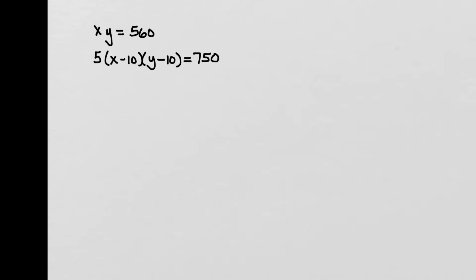So here's my system of equations, and I can start off by solving the first equation for either x or y, and it really doesn't matter which one. I'm going to solve for y. And so I have y equals 560 over x. And then I can use substitution to plug that into the second equation.